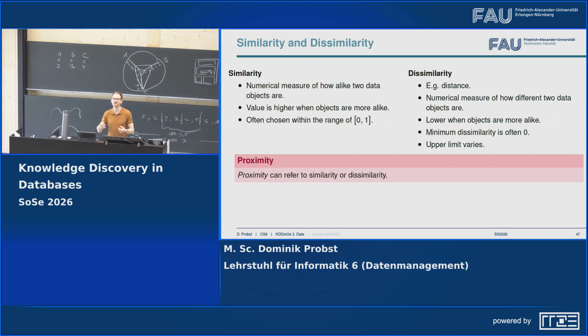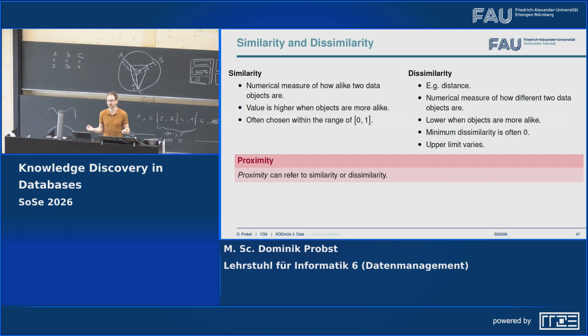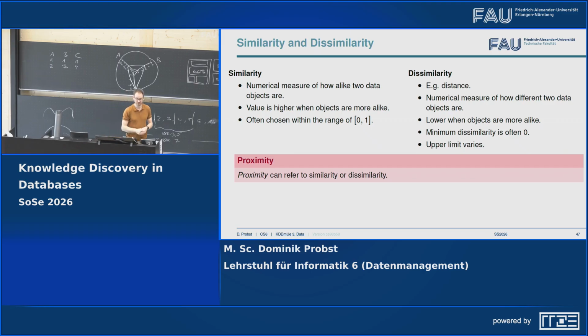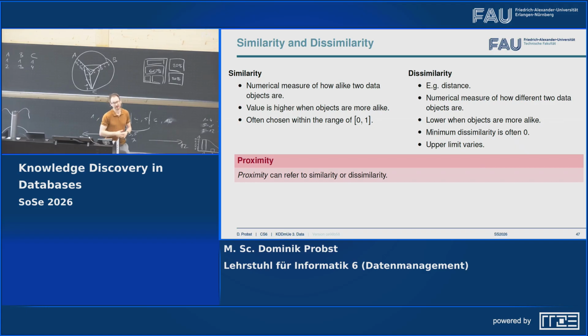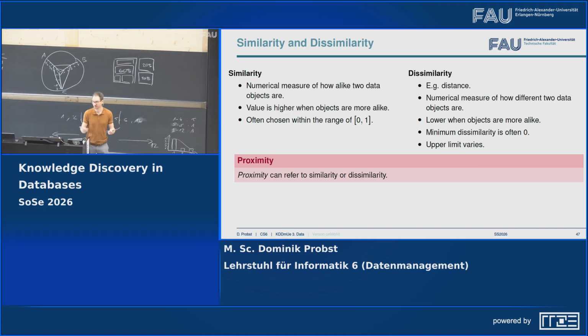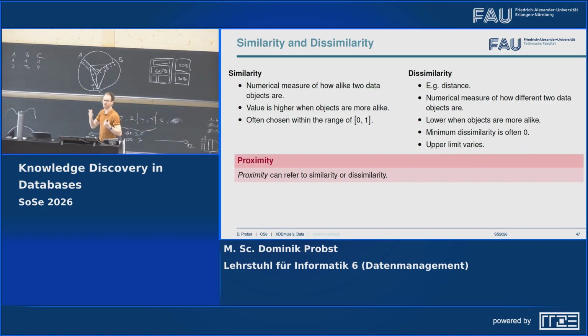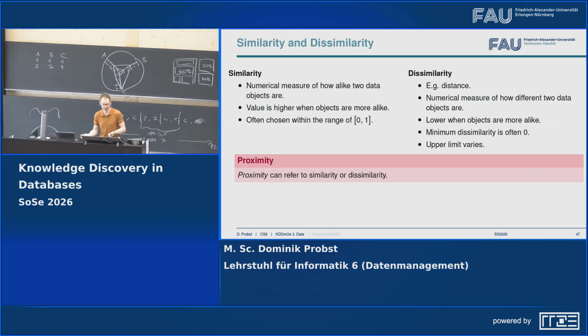And of course, there's no upper limit to distance between two locations. On Earth, it might be, but if we are going into space, then there's no upper limit for distance. And that's why we do not have any upper limit for dissimilarity, but we have an upper limit for similarity, because there we cannot be more similar than 100% similar.